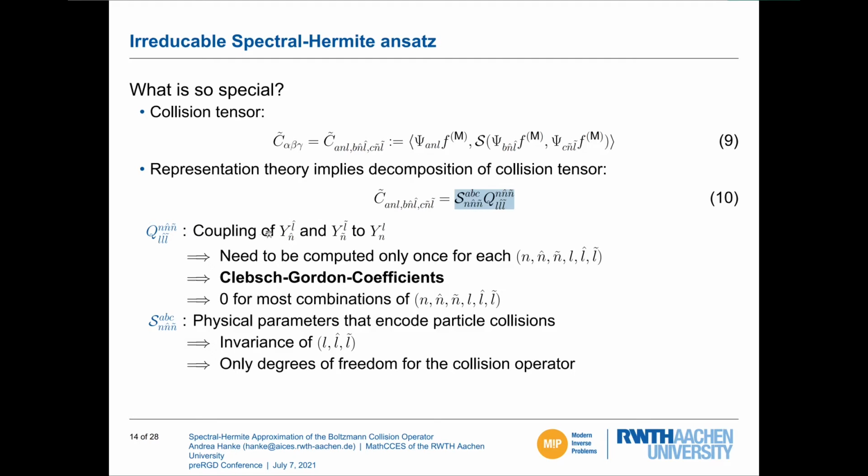Q deals with the coupling of the 3 spherical harmonic basis functions. It needs to be computed only once. It's a purely mathematical operator. It's related to the Clebsch-Gordan coefficients, and it's 0 for most combinations of our indices N and L. S, on the other hand, is the physical parameter that encodes the particle collision.